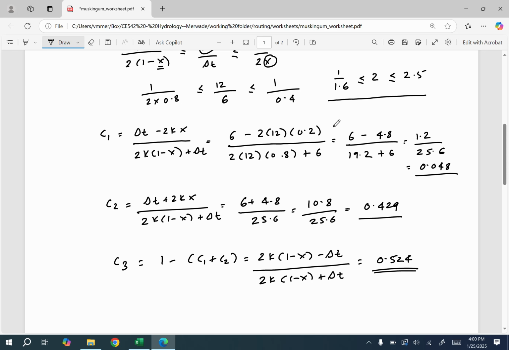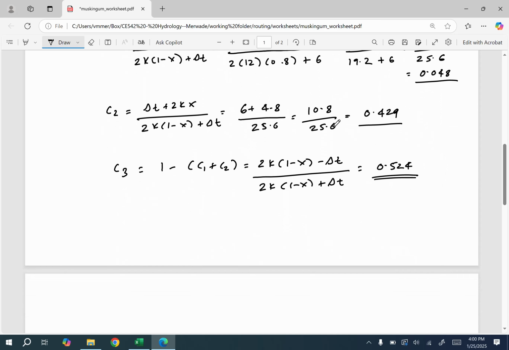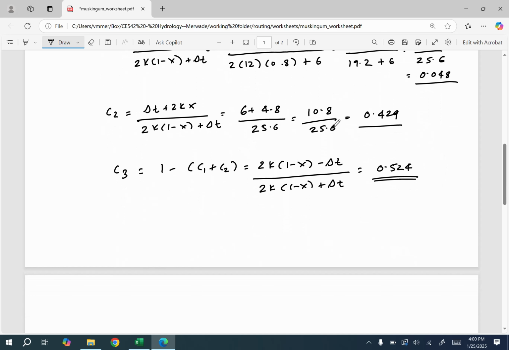Okay, so these are the values we have. C1 is 0.048, C2 is 0.429, and C3 is 0.524. And the expression that we have for Muskingum routing is Qj is equal to C1 times Ij plus C2 times Ij minus 1 plus C3 times Qj minus 1.